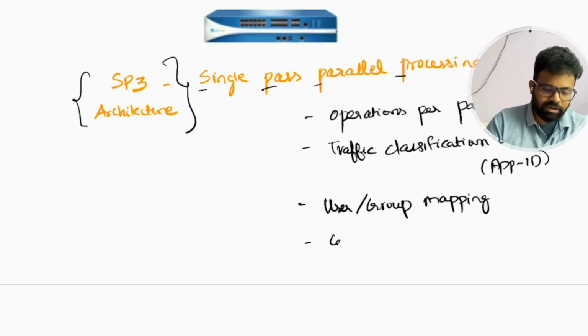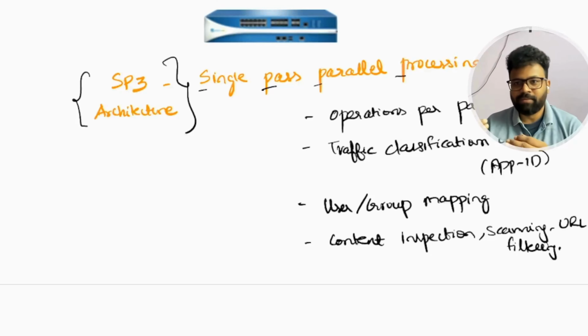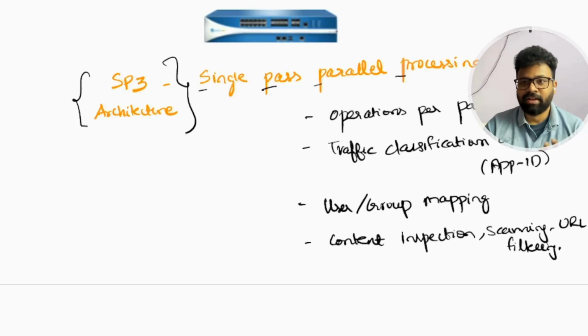Then content inspection or scanning, and URL filtering. Content inspection is inspecting the packet; say, for example, you're downloading a file from the internet.